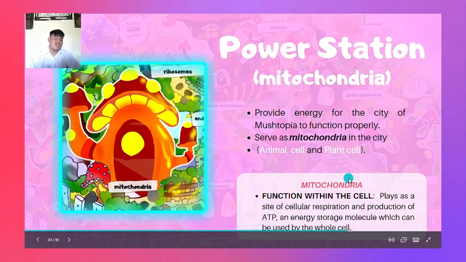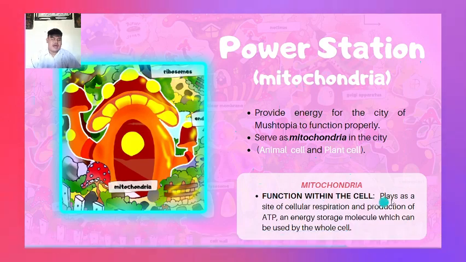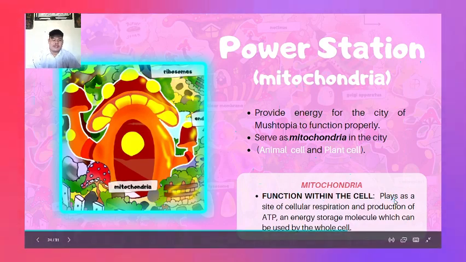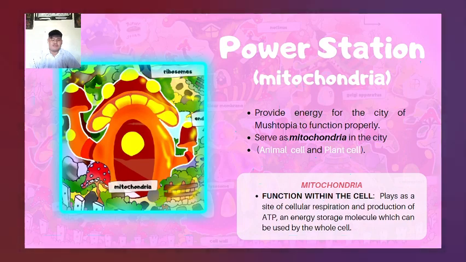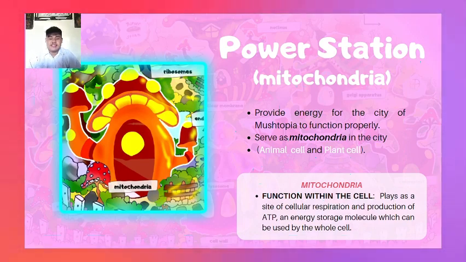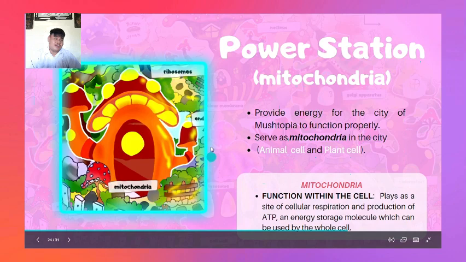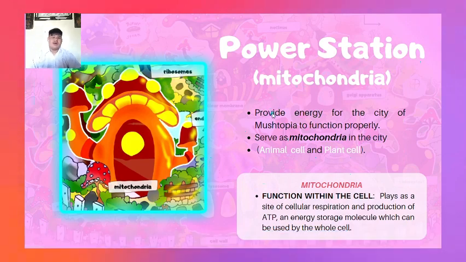They are related with each other because just like a mitochondria, it is the site of cellular respiration and production of ATP, which is an energy storage molecule which can be used by the whole cell. So if the mitochondria does not exist in the city of Mushtopia, they will not function properly to produce or to transport the burger steak to other parts of the city.